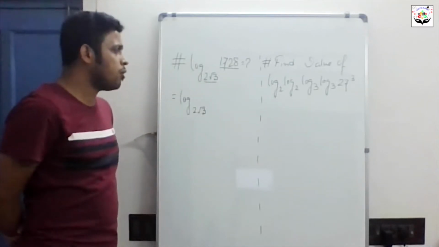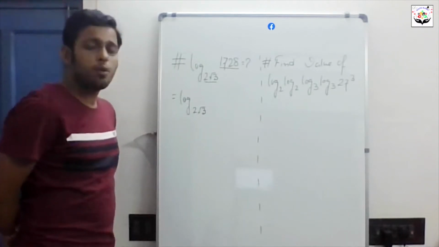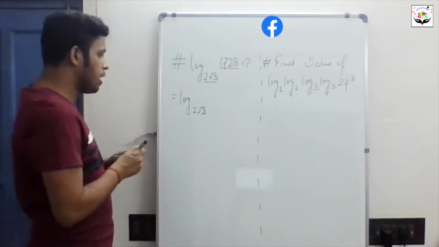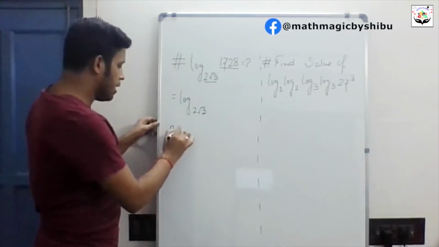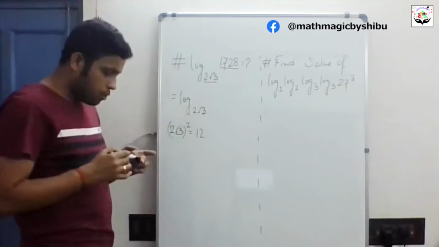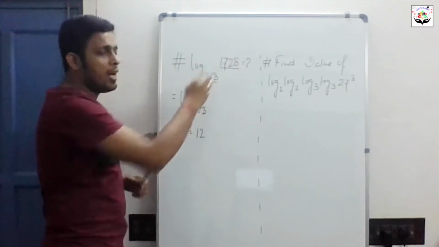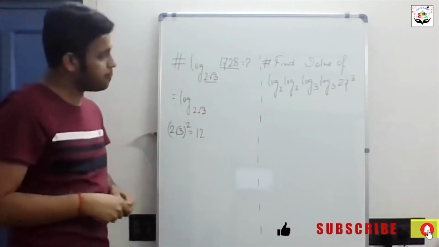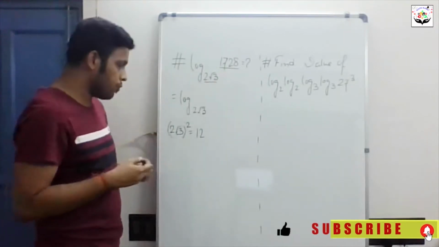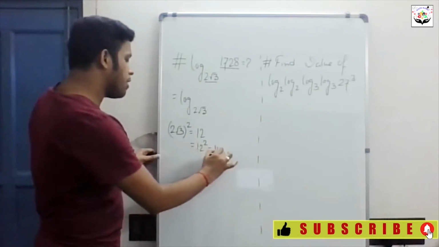I hope at least some of you know that 2 root 3 whole square is 12. So at least we can think to modify 1728 in terms of 12. Now we know that 12 square is 144.